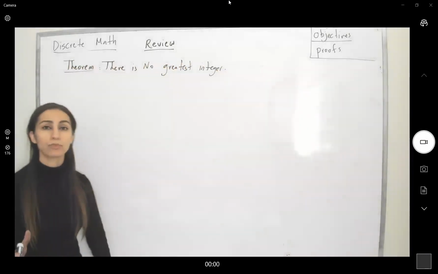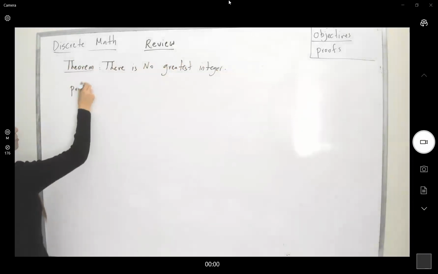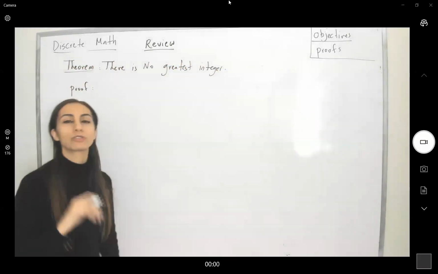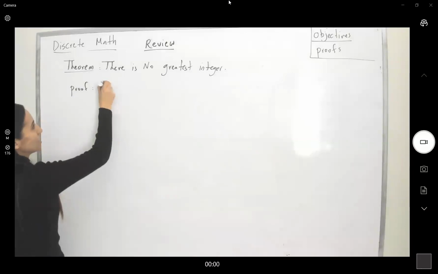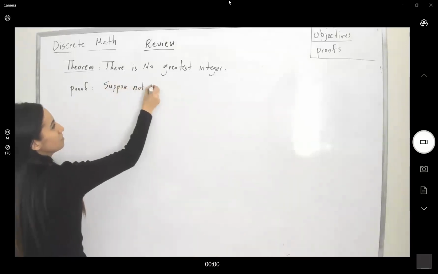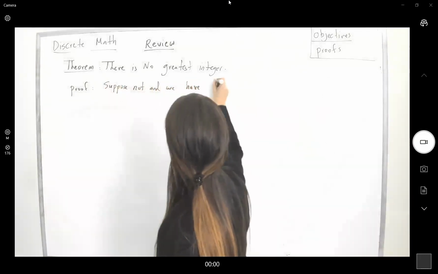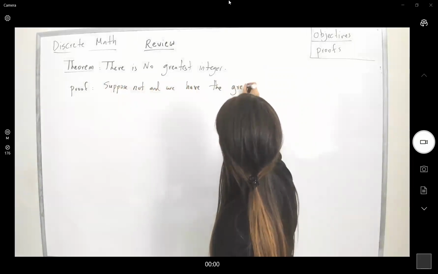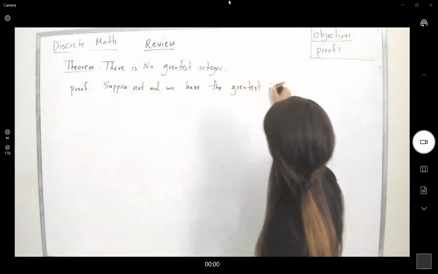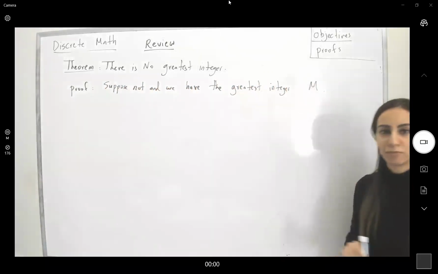Okay, the proof is very simple. Proof: suppose not. Suppose we have the greatest integer, which is equal to m.